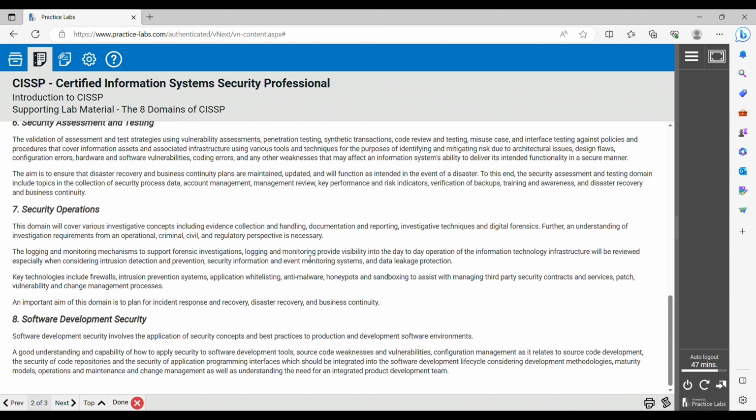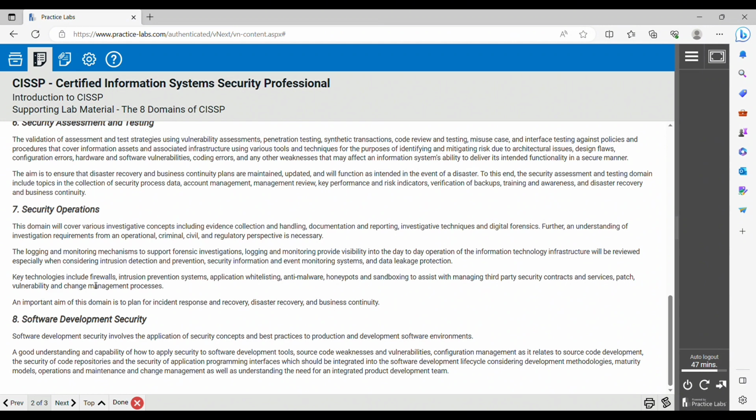Logging and monitoring provide visibility into the day-to-day operation of the information technology infrastructure and will be reviewed, especially when considering intrusion detection and prevention, security information and event monitoring systems, and data leakage protection.